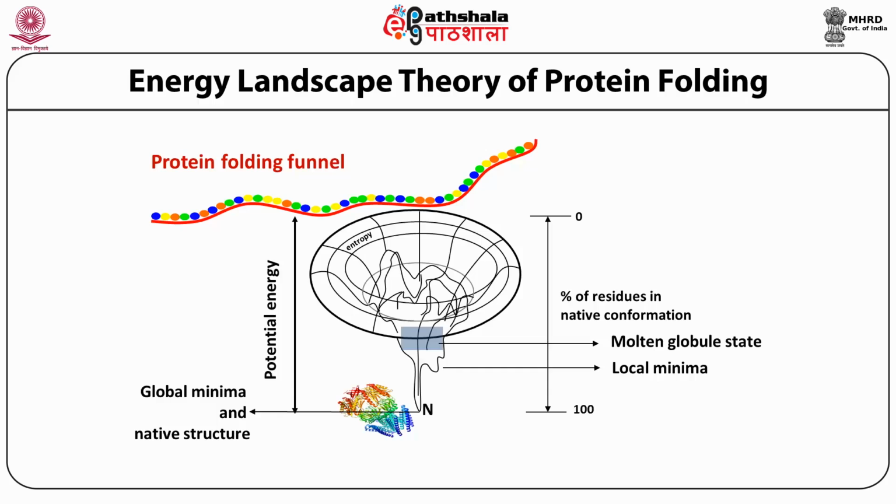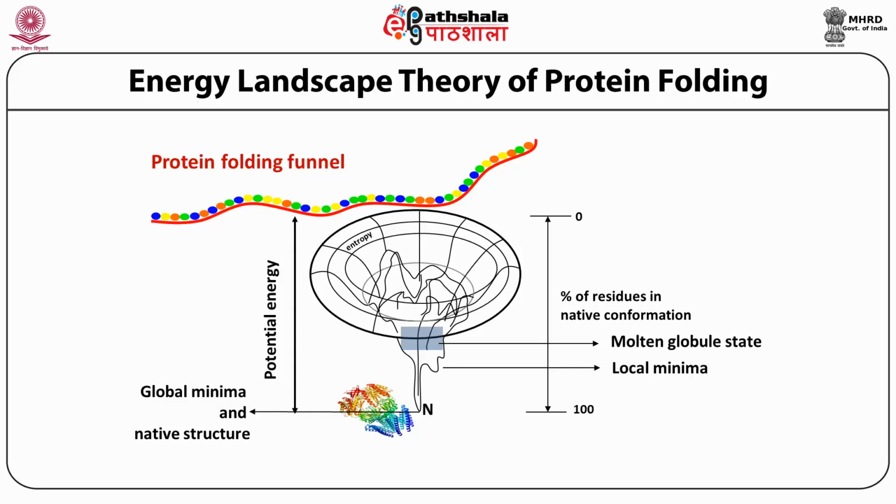The driving force for protein folding is the stabilization associated with sequestration of hydrophobic residues in the interior of the protein, which allows water to maximize its entropy, thereby lowering the total free energy.